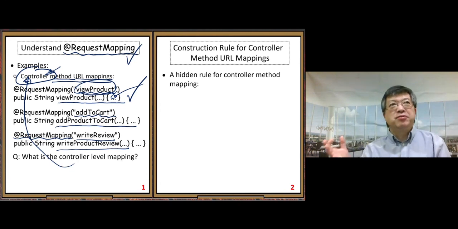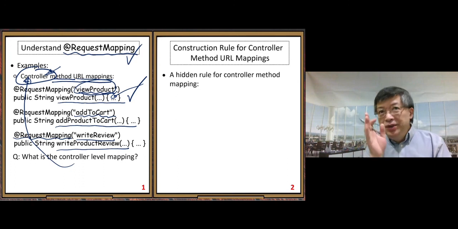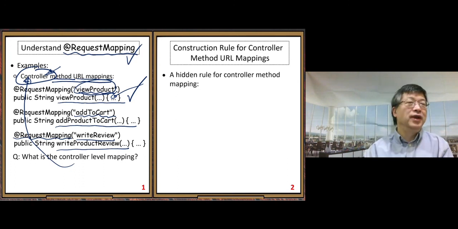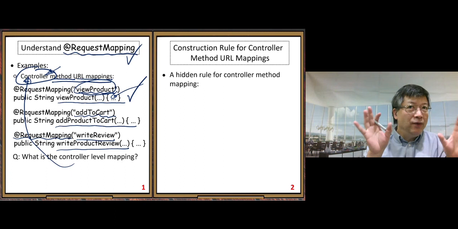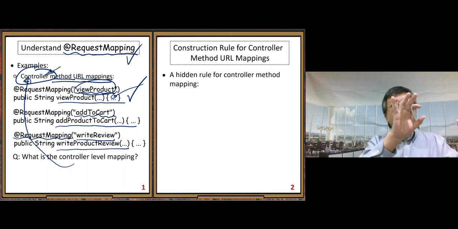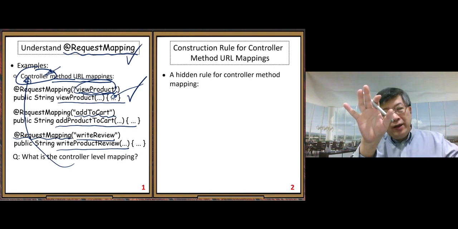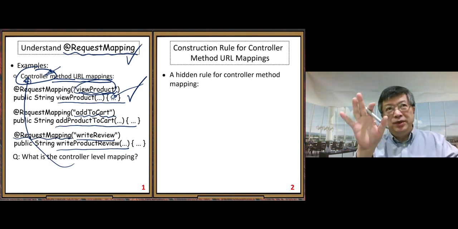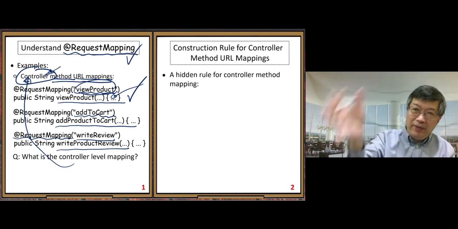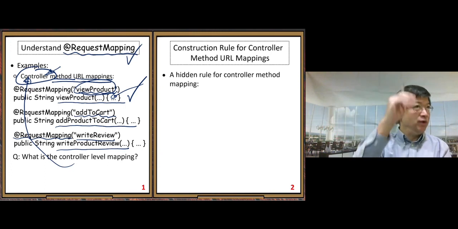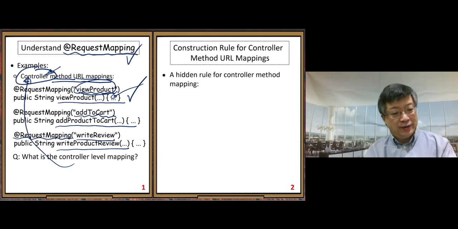You can only guess, but your guess could be wrong. So you need to learn this hidden rule. Then you apply this hidden rule, you can understand how the whole URL string is mapped to one particular method in some controller.